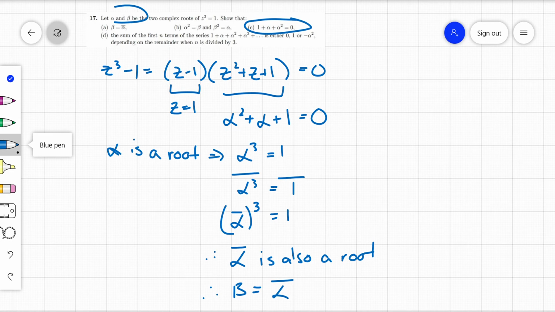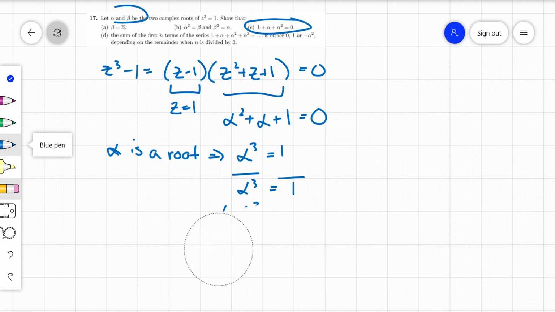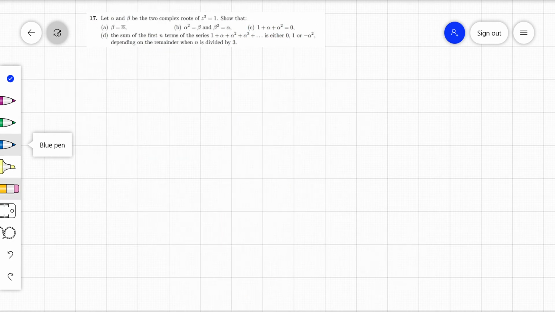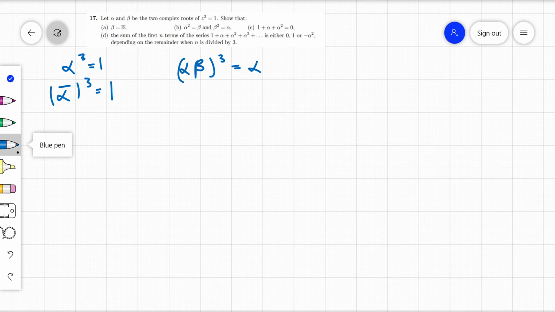When we're looking at part B, let's just get rid of all of that. We know that alpha is a root, so alpha cubed will have to equal 1. We also know that the conjugate of alpha is also a root, so the conjugate of alpha all cubed equals 1 as well. Now let's look at the roots alpha and beta. If I have a look at alpha times beta and cube that, that is the same as alpha cubed times beta cubed.